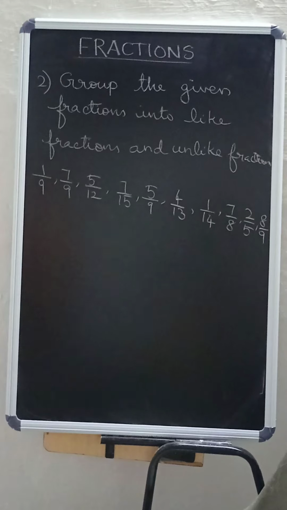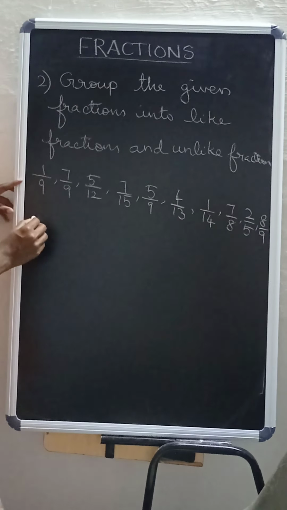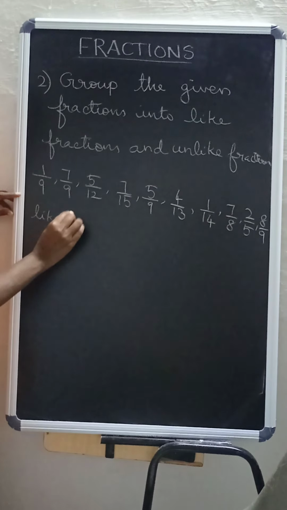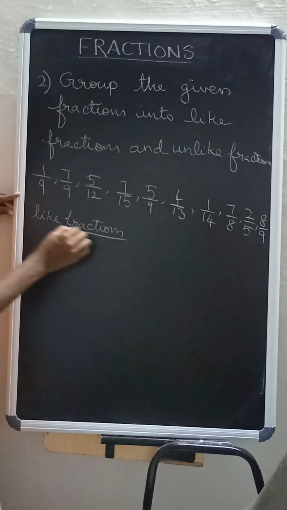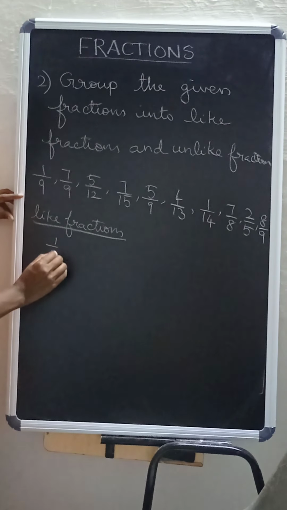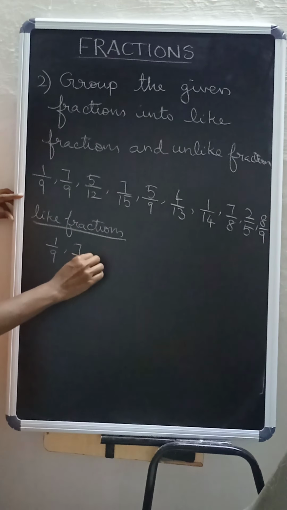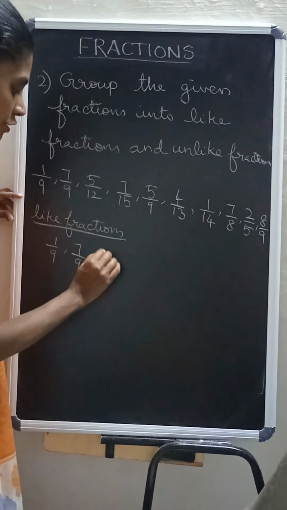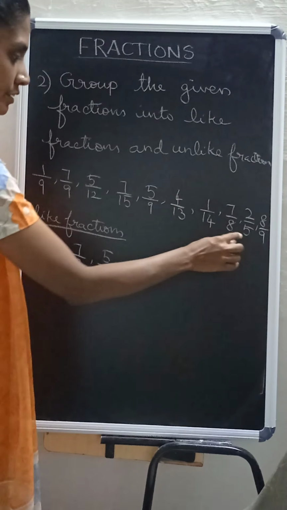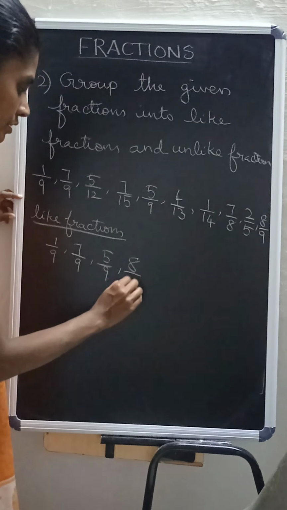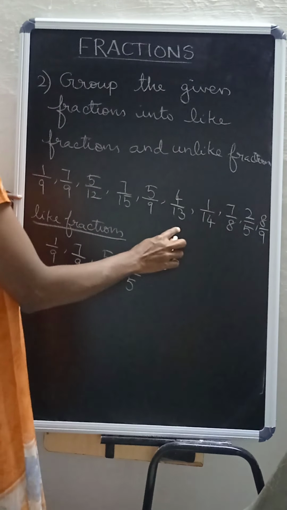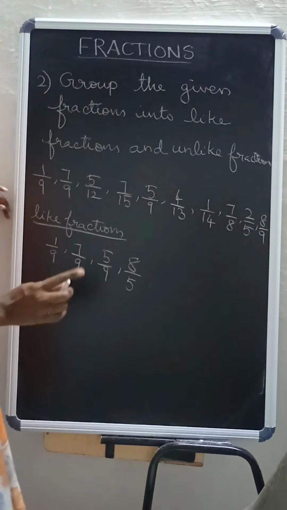Now practice time. Group the given fractions into like fractions and unlike fractions. First I am going to pick out all the like fractions from this and I am going to group it. 1 by 9, 7 by 9, 5 by 9 and 8 by 9. The rest of them are all having a different denominator, so I am not writing it.